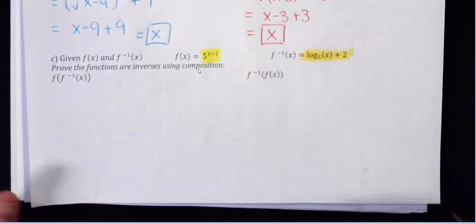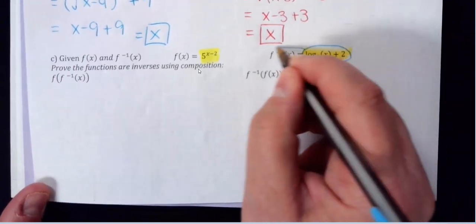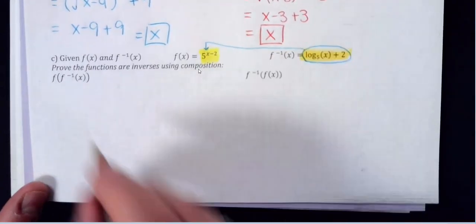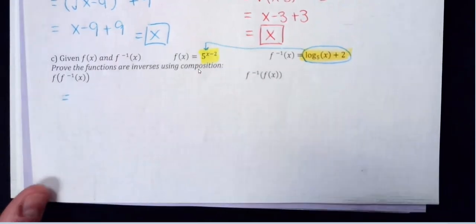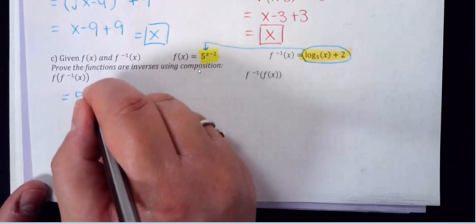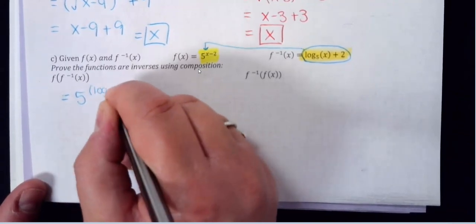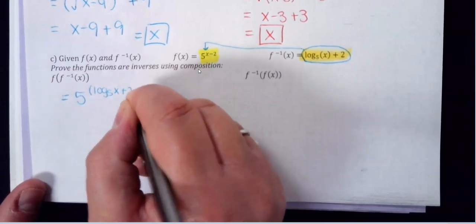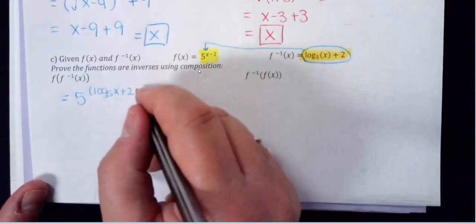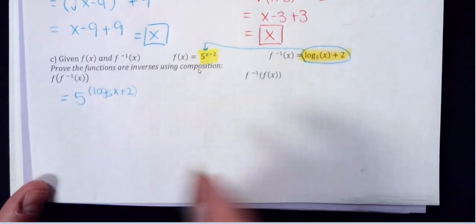So I'm going to plug this whole thing in for x here. I'm plugging the inverse into the original. So we have 5, and in place of x, we're going to have the log base 5 of x plus 2. You don't need parentheses, that's me placing that in for the x.